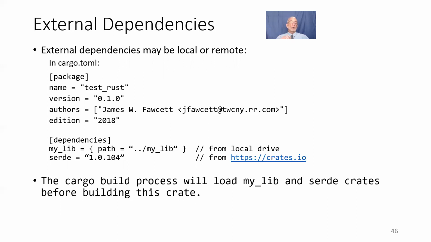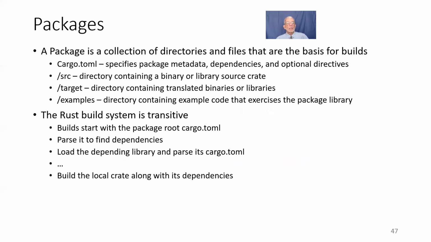And so the build process reads that, and if that has dependencies, it branches out and reads those. It's just walking this tree of dependencies in a transitive way to complete our build. So a build starts with a package root Cargo.toml, parses the defined dependencies, loads the depending library and parses its Cargo.toml, on and on, and then builds the local crate along with its dependencies.